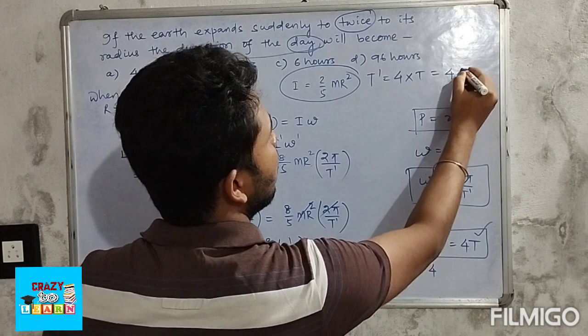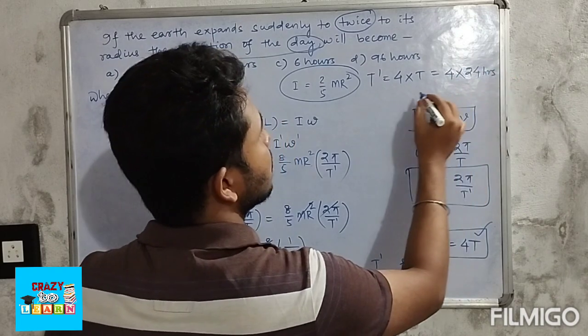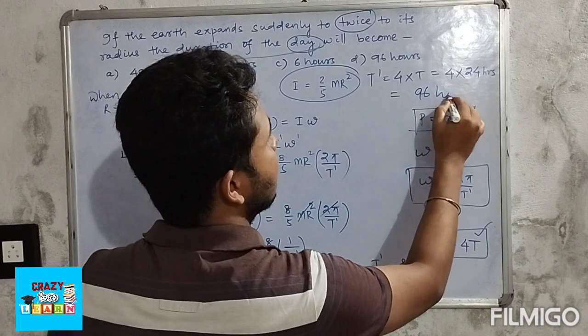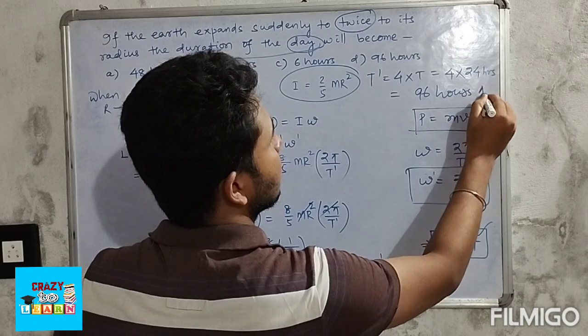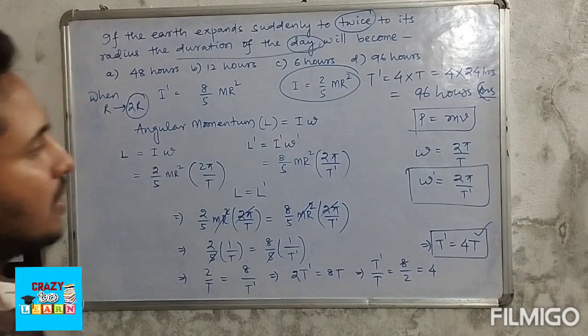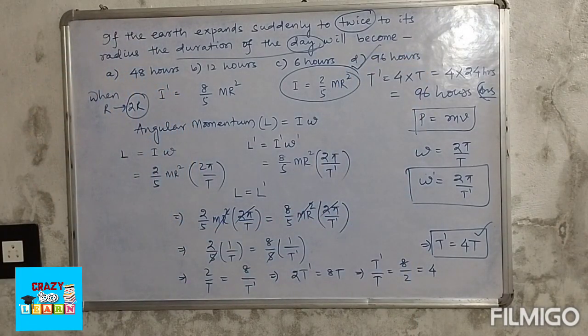So 4 into 24 hours. So what will be the answer? 4 into 24 is 96 hours. It is your answer. Clear? So which one is the correct answer? Option D is the correct answer.